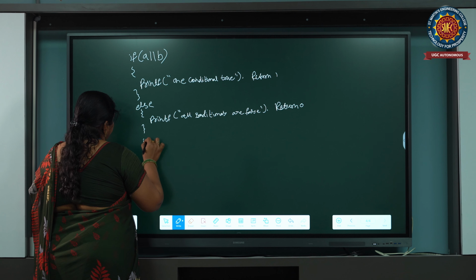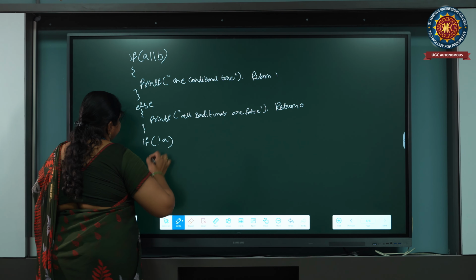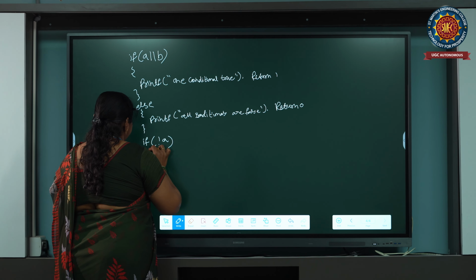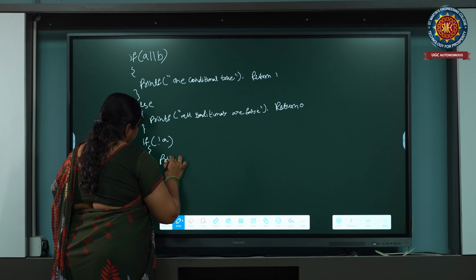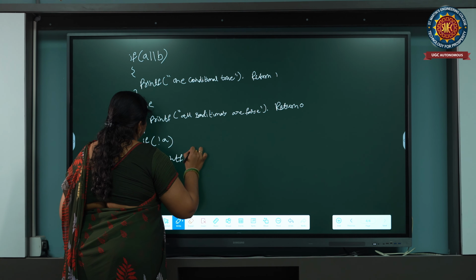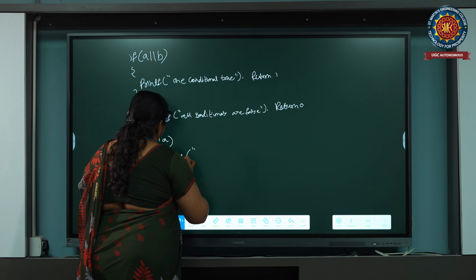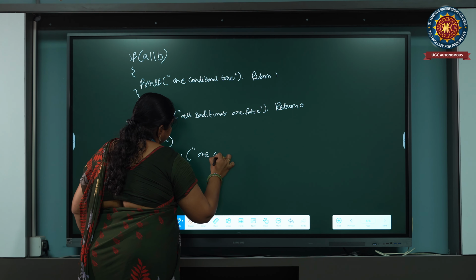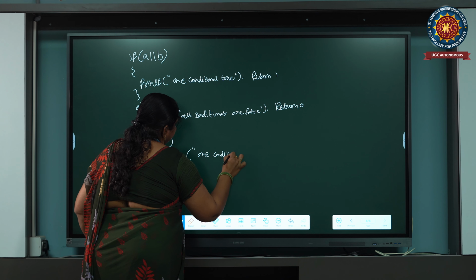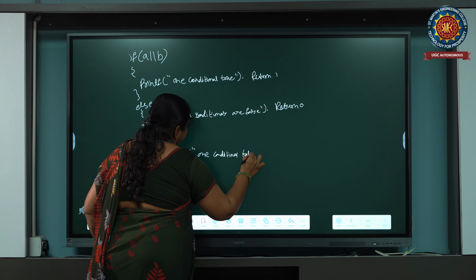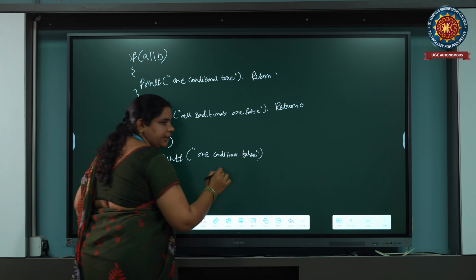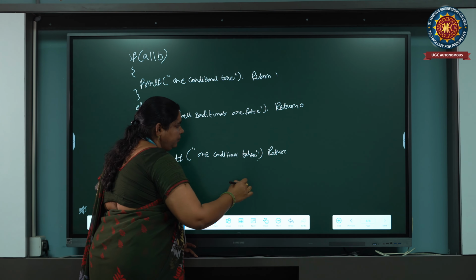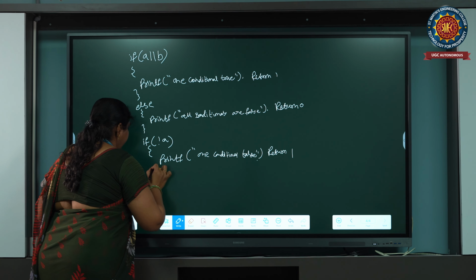And next, NOT. I want to take the if with not. So printf, it is nothing but a not condition. Here, if one condition is false, return 1.